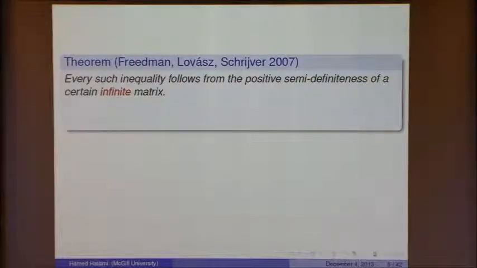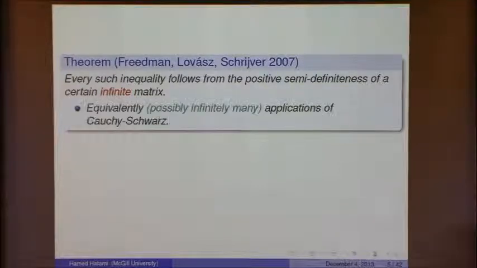There is an important theorem, one of the first which initiated this way of looking at the area, that says that every such inequality follows from the fact that some infinite matrix, which I'm going to formally define later, is positive semi-definite. Just this positive semi-definiteness fact implies all these inequalities.